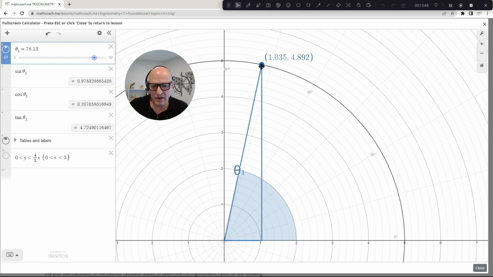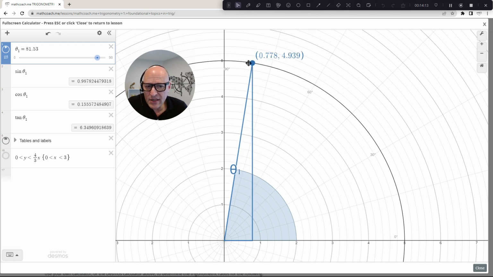So right now we're just at about 1, okay? So our cosine ratio at this angle, about 78 degrees, is about 0.2. 1 divided by 5 is 0.2, right? Our sine ratio is getting really close to 1, 0.9797, right?